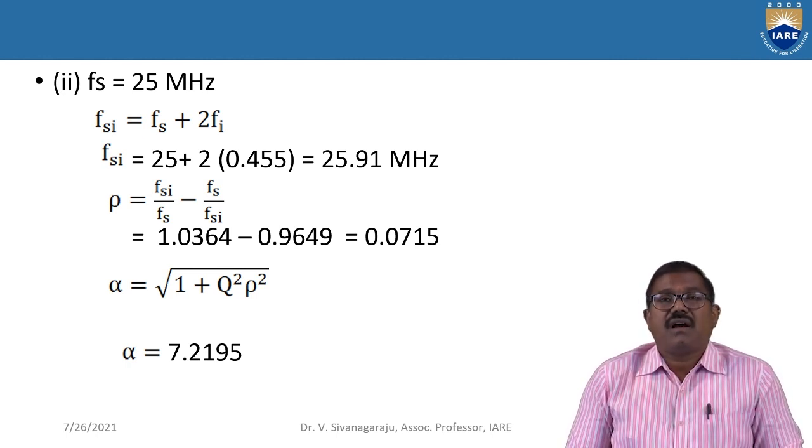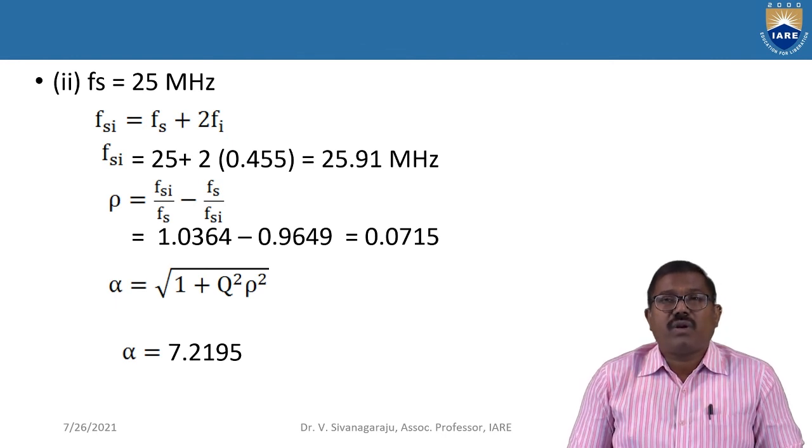After getting this rho value, we are going to substitute in the rejection ratio alpha, which is equal to the square root of 1 plus Q square into rho square.